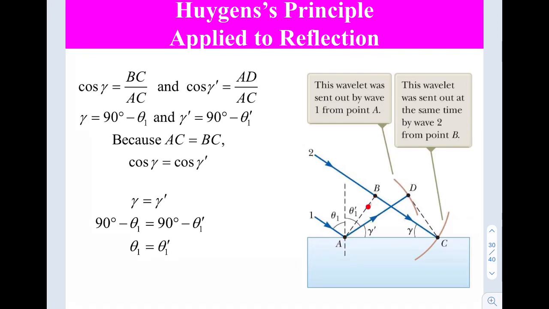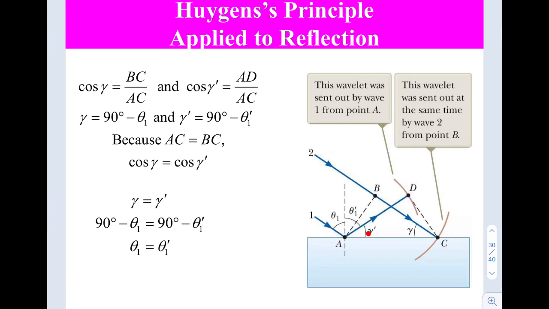The line AB here represents a plane wavefront of the incident light, just as ray 1 strikes the surface at point A. At this instant, the wave at A sends out a Huygens wavelet, appearing at a later time as the light brown circular arc passing through point D. So this is the wavelet coming from point A. The reflected light makes an angle of gamma prime with the surface.